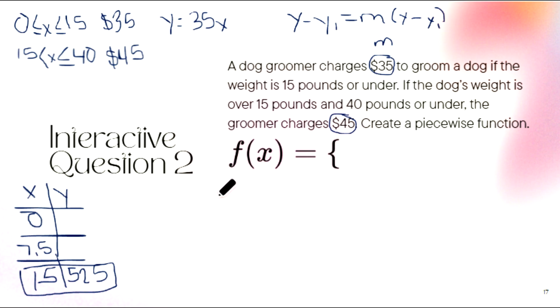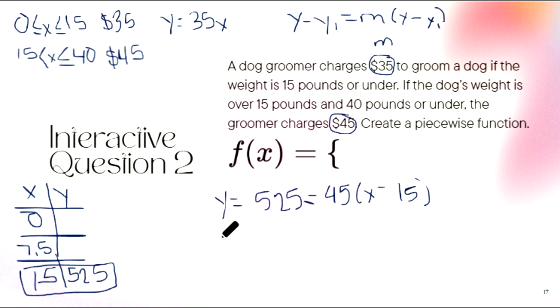So we're going to go y minus y1, which is 525, equals m, our second m is 45, so 45 times x minus x1, which down here is 15.